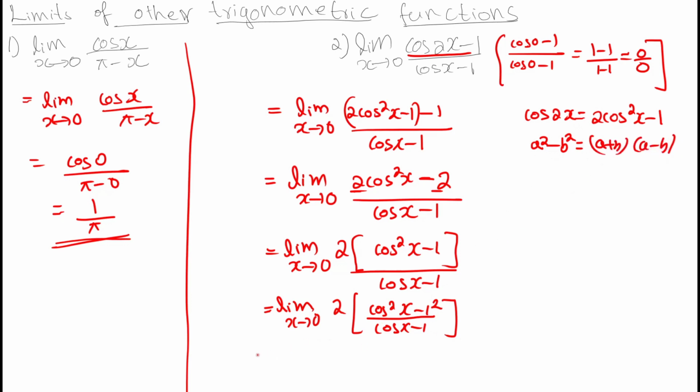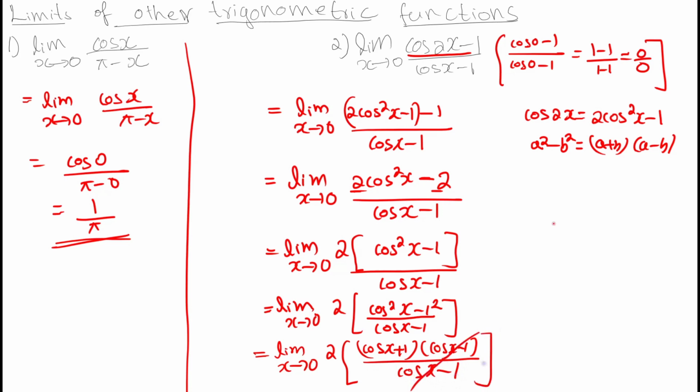So I can rewrite it as limit x tending to 0 of 2 into (cos square x minus 1 square, that is cos x plus 1 into cos x minus 1) divided by cos x minus 1. Now see, cos x minus 1 and cos x minus 1 get cancelled. Next, write the remaining terms.